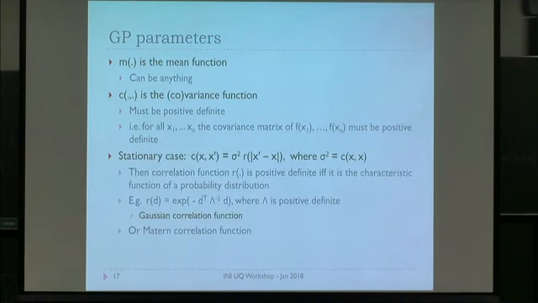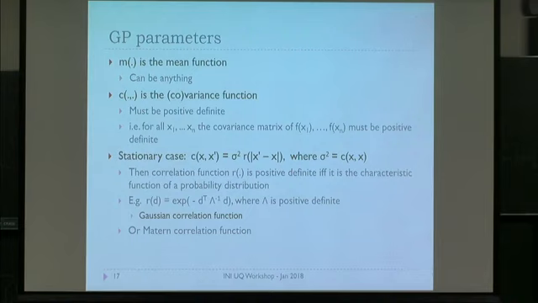In the stationary case, which we often use, we take the covariance function to be a function only of the distance between x and x prime. So sigma squared is a variance and r is a correlation between x and x prime. So r(0) is going to be 1, and for all larger values of its argument it gets to be less than 1. That correlation function is also required to be positive definite, and there's a result which says this is true if it's the characteristic function of some probability distribution.